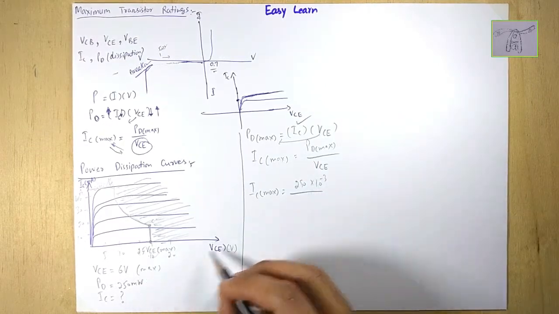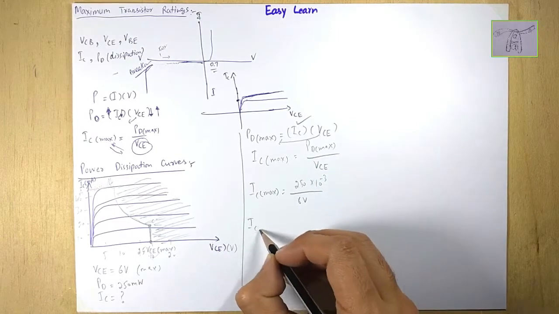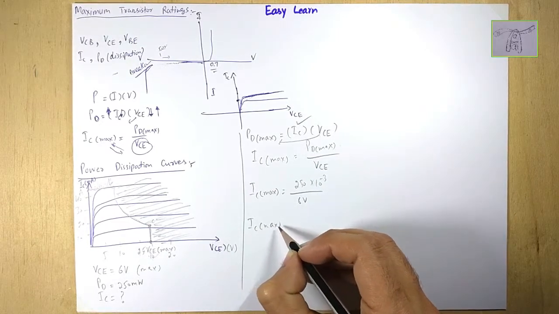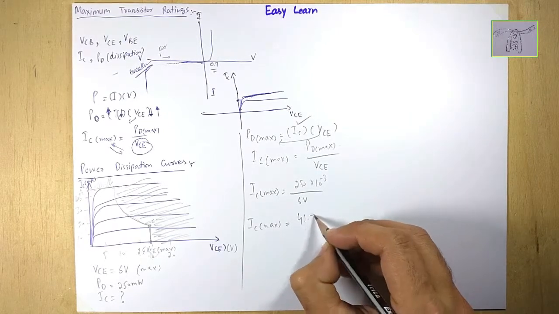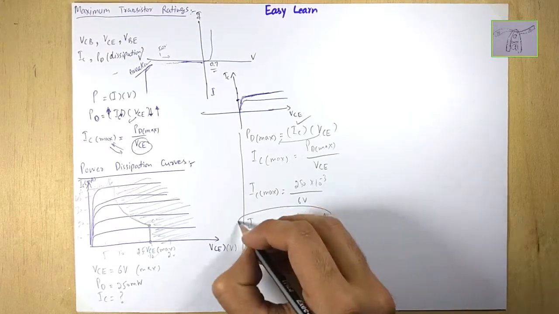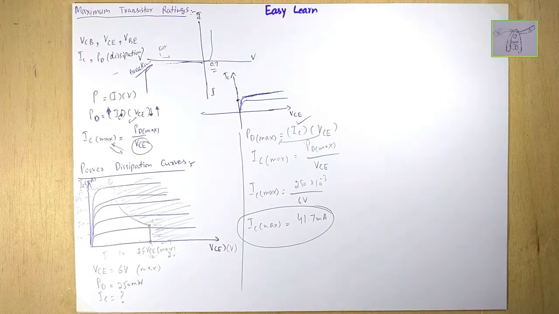What is the VCE? This is 6 volts. Then the IC max, available on my sheet, is 41.7 milliamperes.